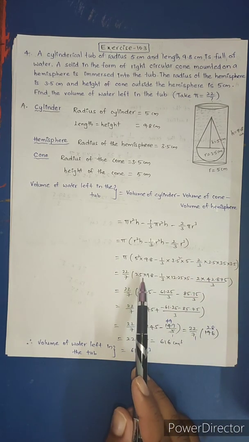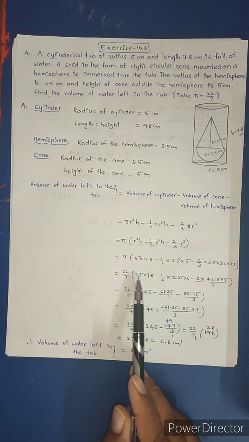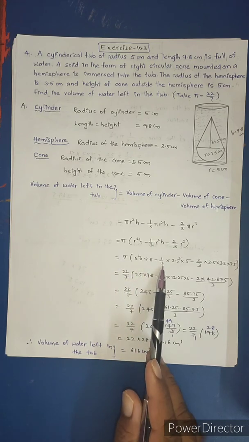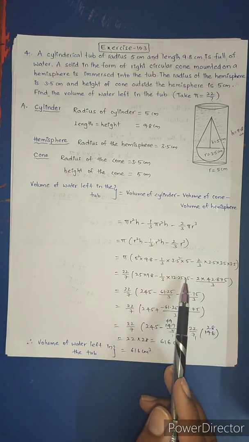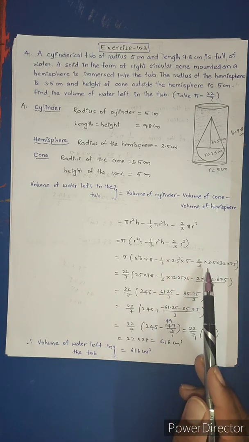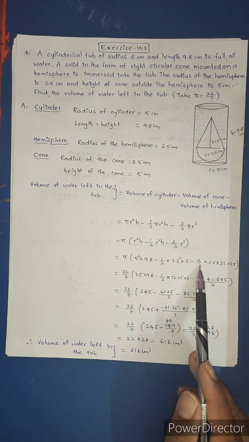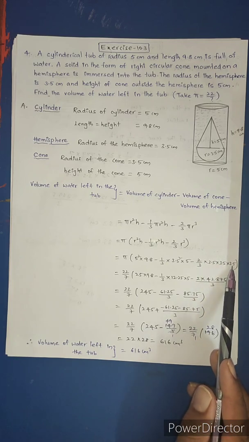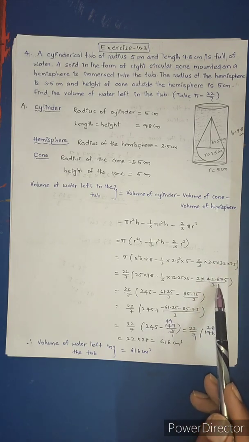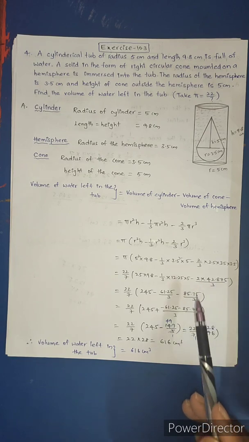Now 5 5s are 25, pi value 22/7 into 9.8 minus 1/3 into 3.5 into 3.5, 12.25 into 5 minus 2 into 3.5 into 3.5 into 3.5, all these are numerator and this one is denominator. We can get 42.875/3.